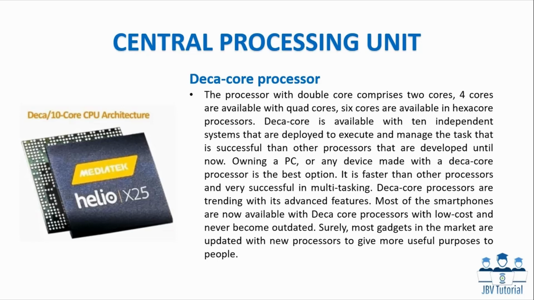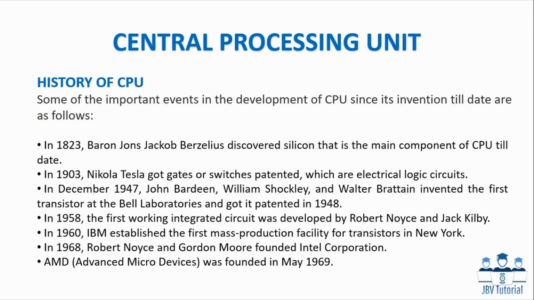It is faster than other processors and very successful in multitasking. Deca-Core processors are trending with their advanced features. Most of the smartphones are now available with Deca-Core processors, with low cost, and never become outdated. Surely, most gadgets in the market are updated with new processors to give more useful purposes to people.